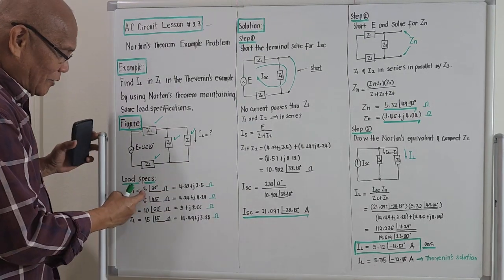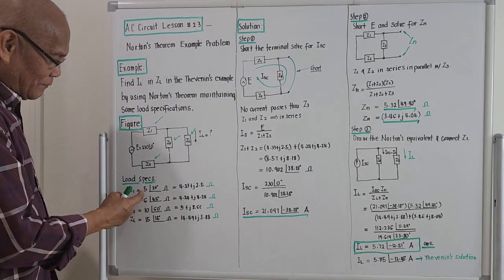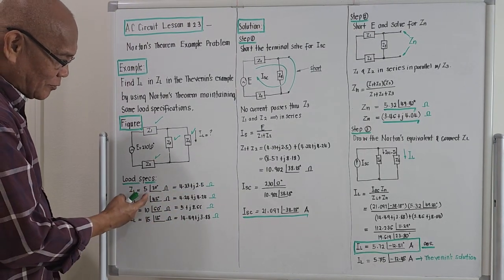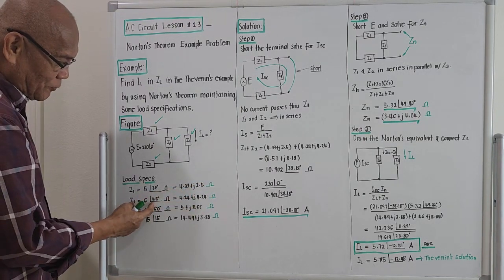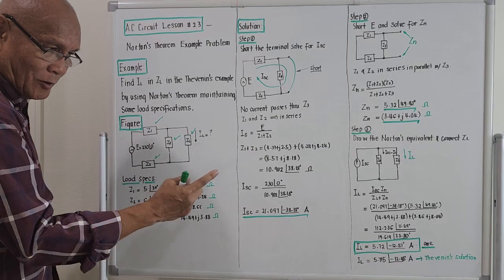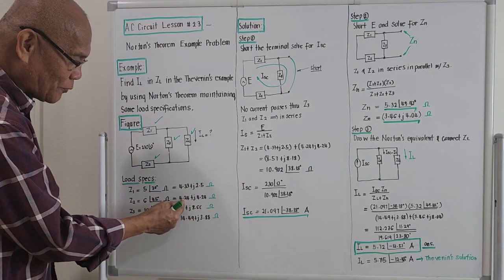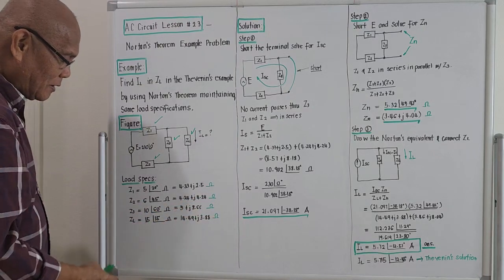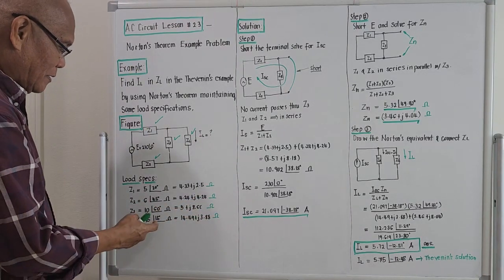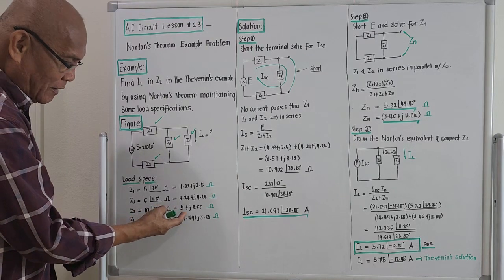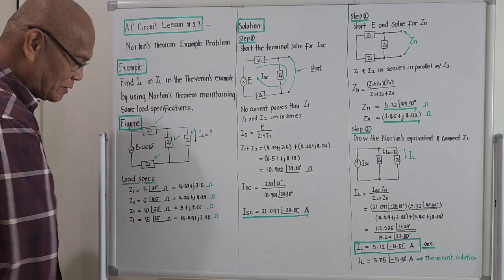We are given polar, so the rectangular, we could do it. 5 angle 30 degrees, take the cosine, 4.33 plus j 2.5. 6 angle 45, the value of sine and cosine are the same, so the real and imaginary parts are the same, 4.24 and 4.24. 10 angle 60 degrees, the rectangular equivalent will be 5 plus j 8.66.